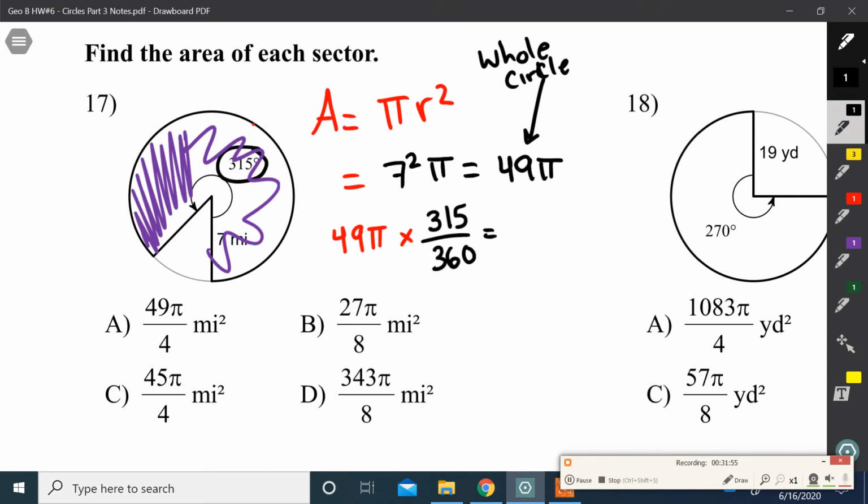So now we're going to multiply 315 over 360. Sometimes the best way to do this is to simplify it as much as possible. For example, that 315 could be simplified by dividing by 15.